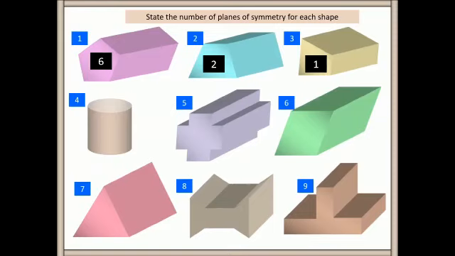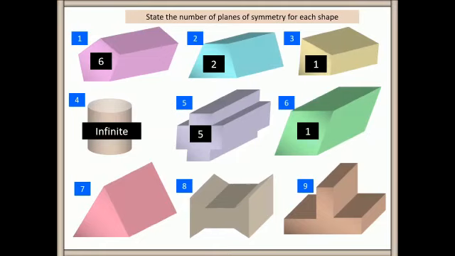Next one is a cylinder, it's easy. Yes, correct. And fifth one, we can cut it 4 ways lengthwise and one cut in the middle, so you will get 5 planes of symmetry. And number 6, okay, you will not get the lengthwise and diagonal cuts because they are not equal. We can only cut it in half the middle way.